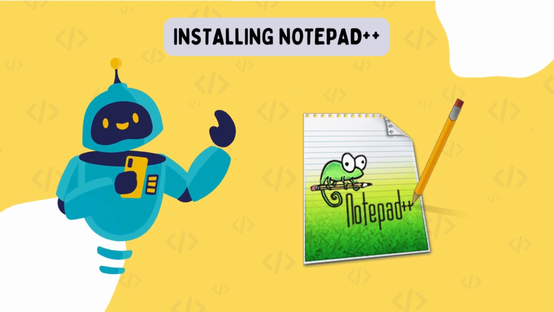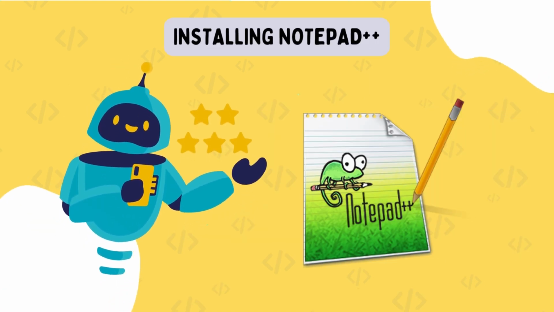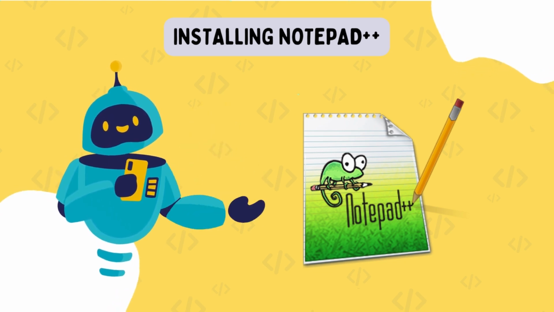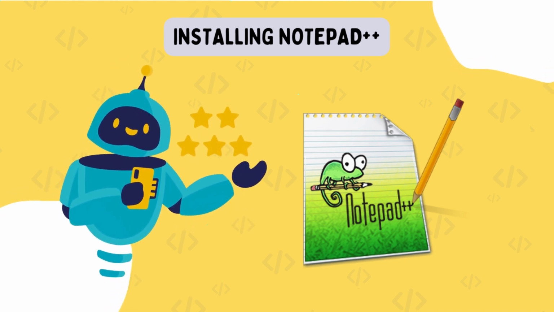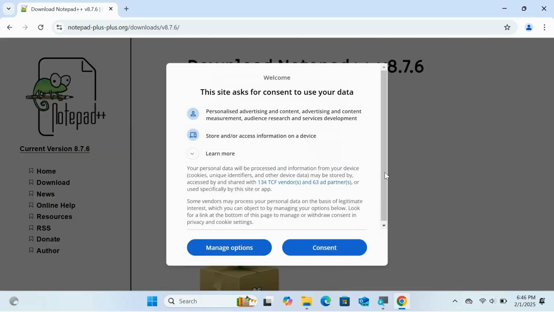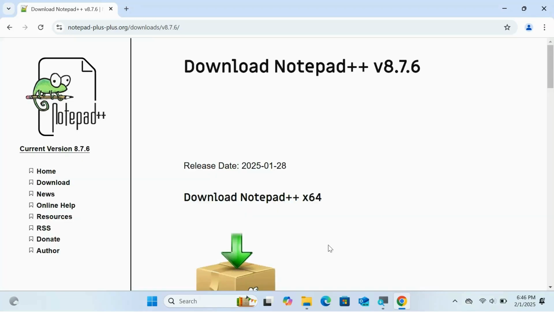Before we start coding, let's make our life easier. Instead of using Notepad, let's install Notepad++, a free text editor that highlights code beautifully. Click the link in the description to download Notepad++. Now, install it just like I am showing you.